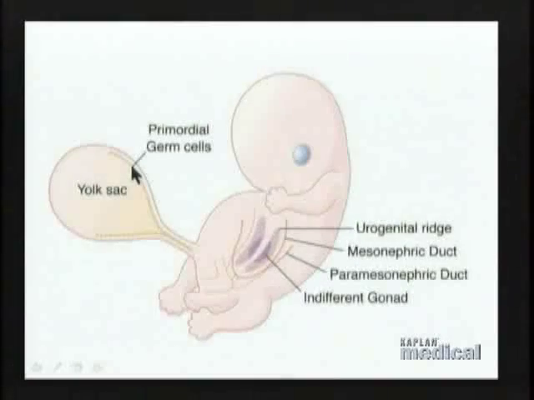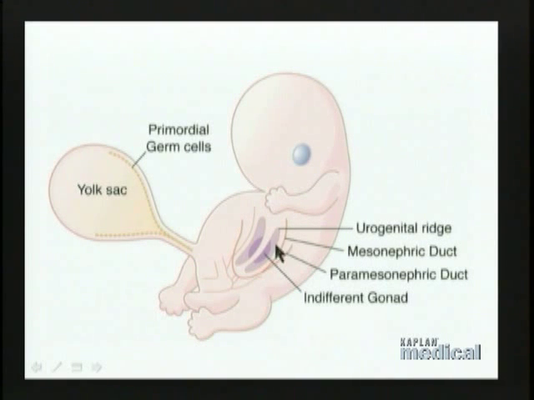Let's turn to the development of the kidney and return to this image that we looked at the very beginning of our discussion when we were talking about the formation of germ cells in the gonad. At that time, we pointed out that in the early embryo there is a ridge of mesoderm on the posterior abdominal wall, and you can see it's a very long ridge of mesoderm, and we called it the urogenital ridge.